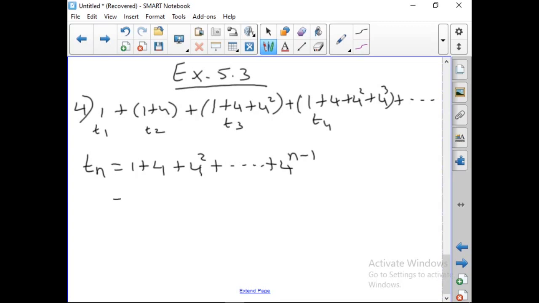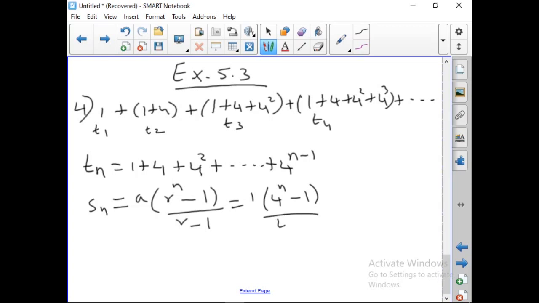So what about this? Using summation formula, Sn is equal to a into r power n minus 1 by r minus 1. Okay. So what is this? So it is equal to a is 1. So 1 into 4 power, here r is 4. So r power n minus 1, 4 power n minus 1 by 4 minus 1.